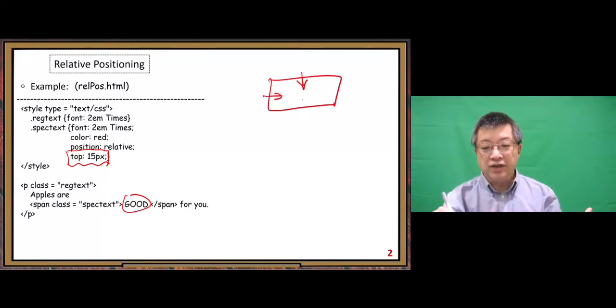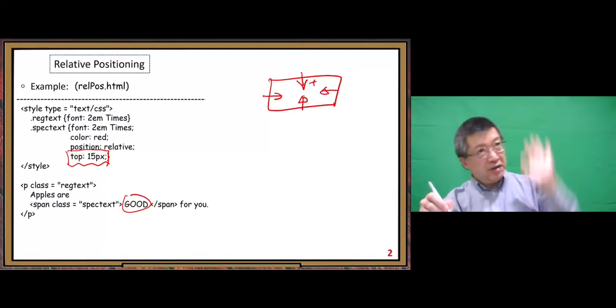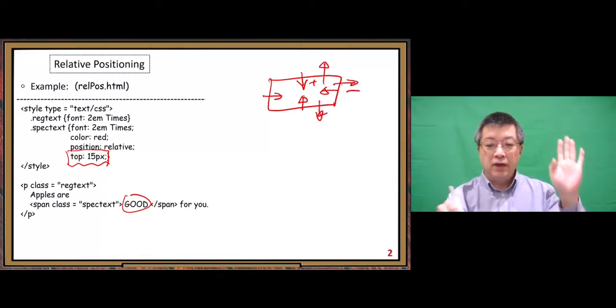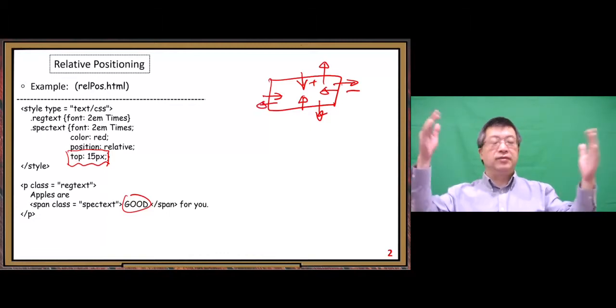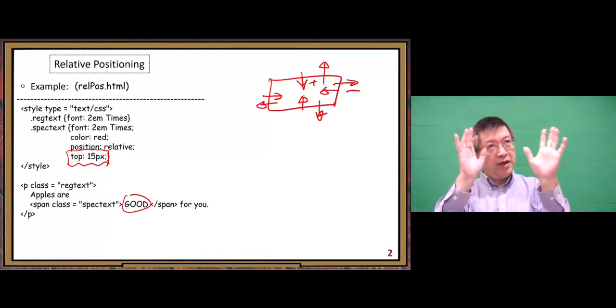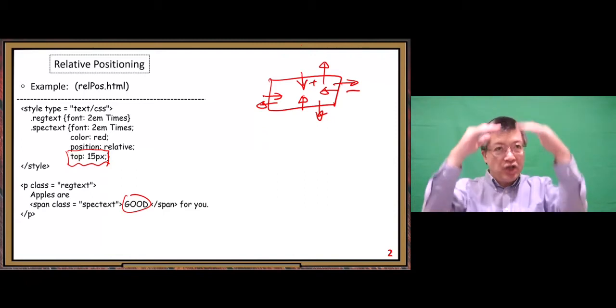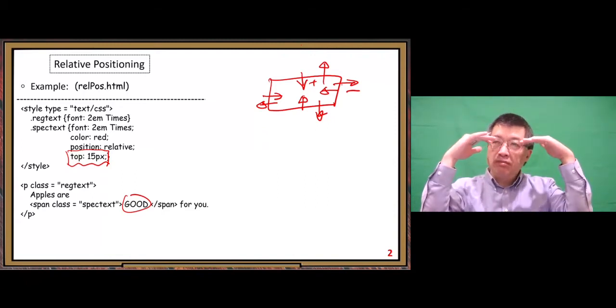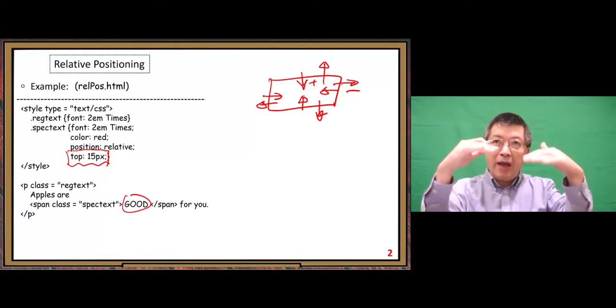That's the positive direction. Outside is the negative direction. So that is how you adjust an element with respect to its relative natural location.